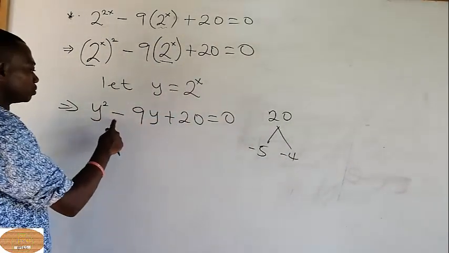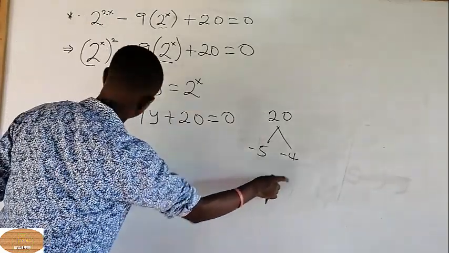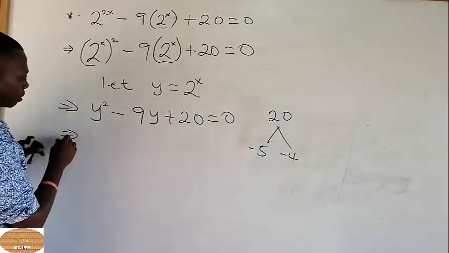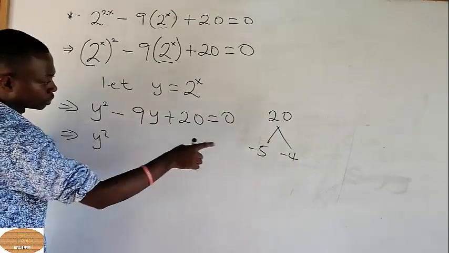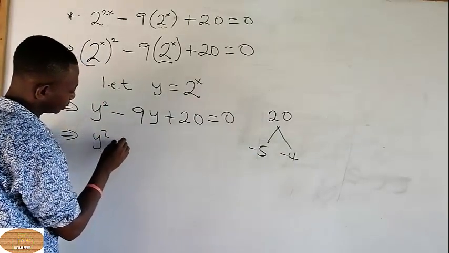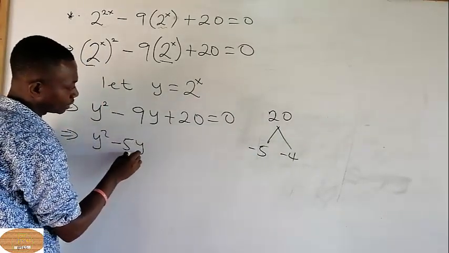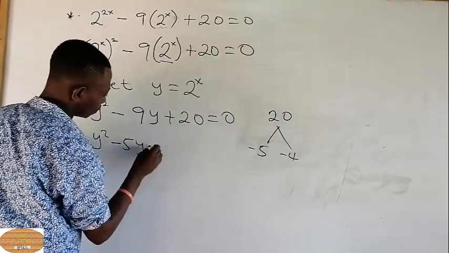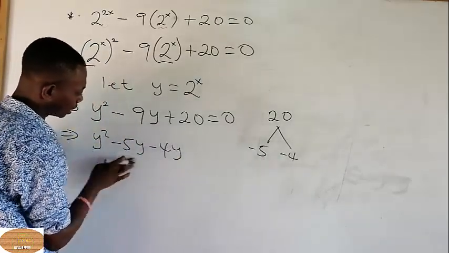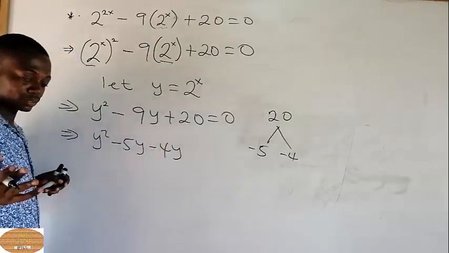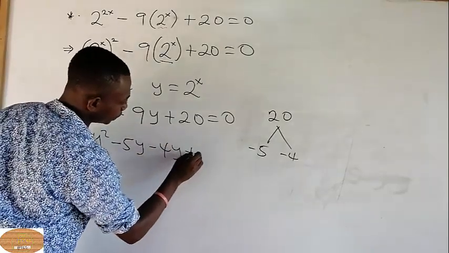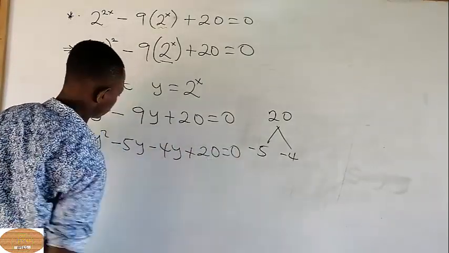So I'm going to replace this one like this. So straight away I'll say y squared. So I'll take the first one, minus 5y, then I'll add the minus 4y. So this one will give us minus 9y. So I'll take nothing. Plus 20 is equal to 0.